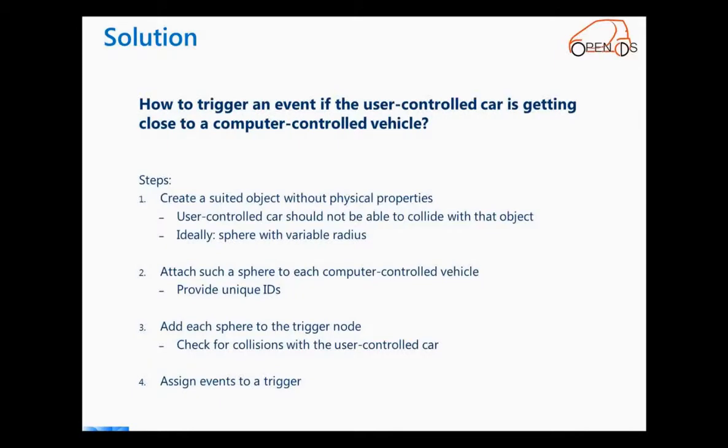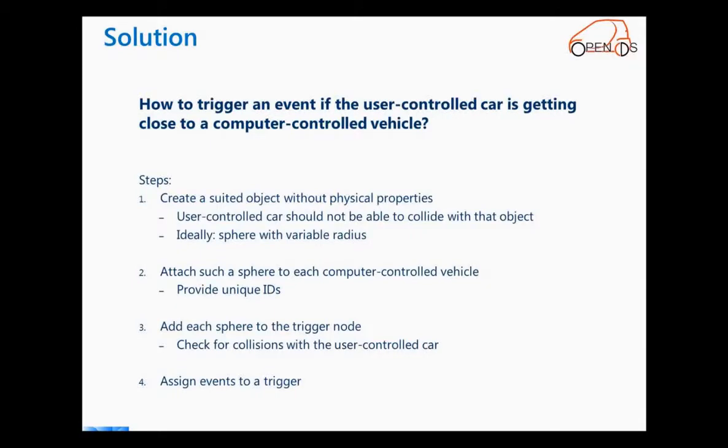Furthermore, which is the second point, we need to attach these moving spheres to the computer-controlled vehicles, as the center of the bounding sphere has always to be the center of the moving vehicle.